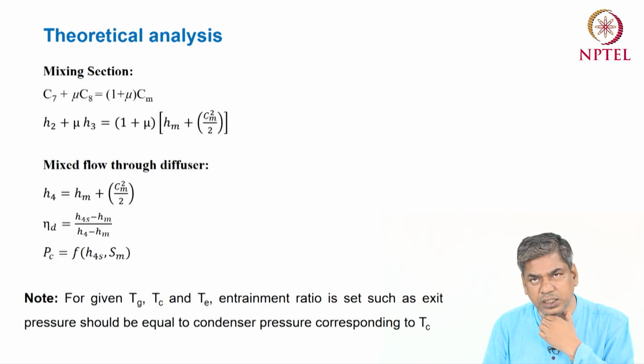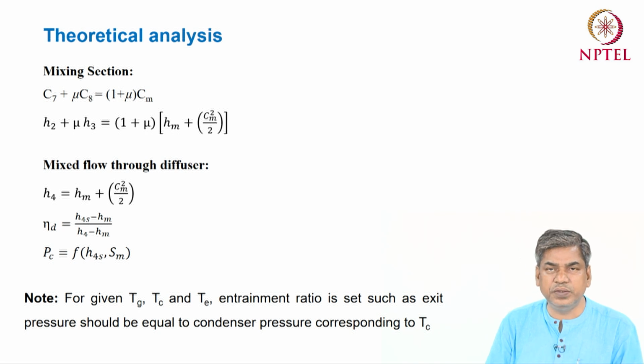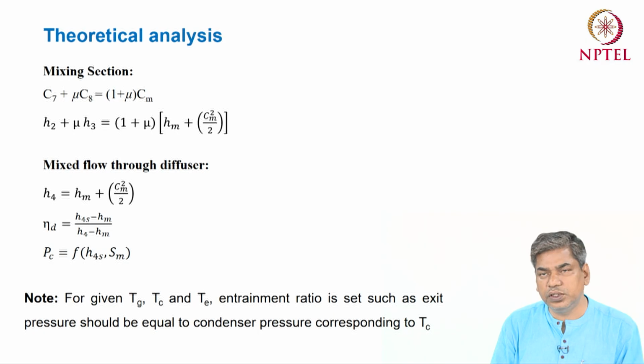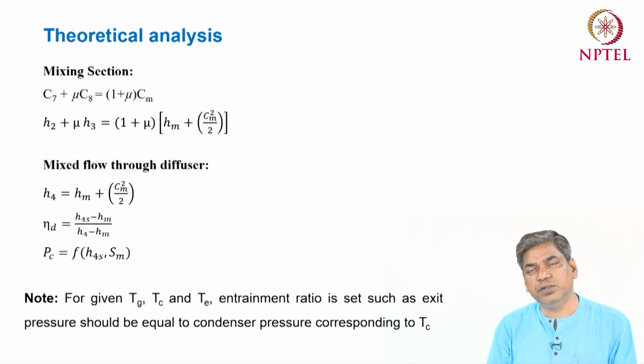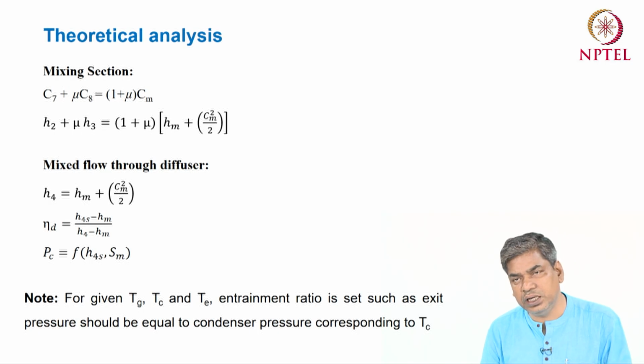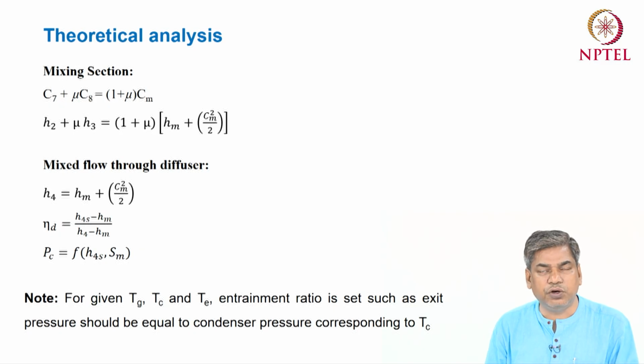If you assume some value of entrainment ratio, ultimately you have to match the PC we are getting from this calculation, that PC should be the saturation pressure corresponding to the condenser temperature. So you have to iterate mu in this way, so that PC is equal to the saturation pressure at the corresponding condenser temperature.